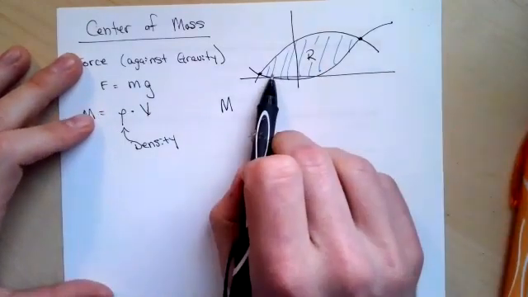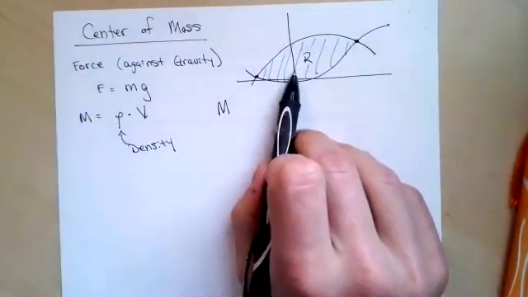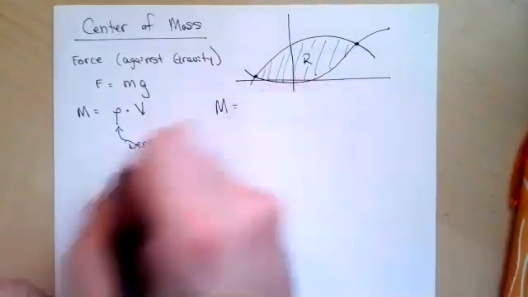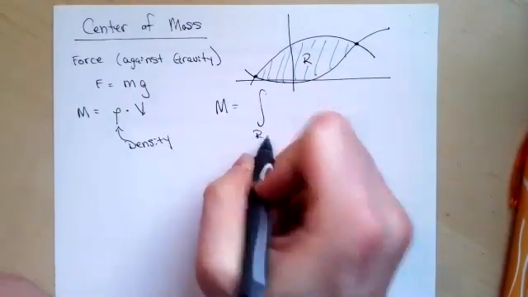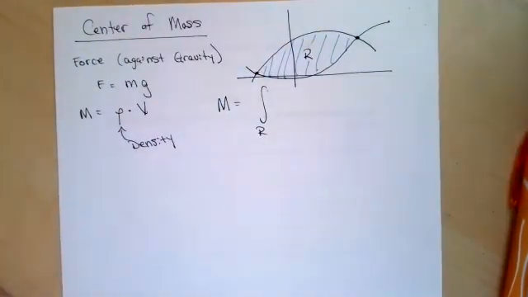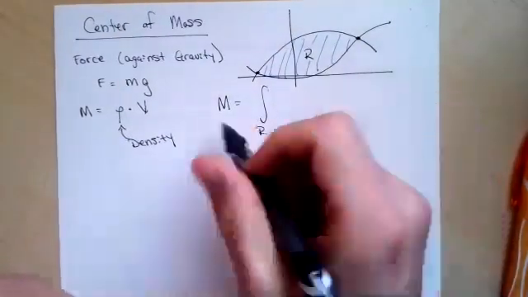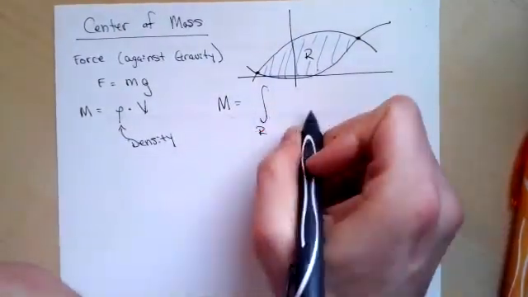And so the mass of this, if we wanted to find the total mass, we're going to integrate. We often generically denote the integral as just the integral over the region R, if we haven't found the bounds and appropriate parameterizations yet.